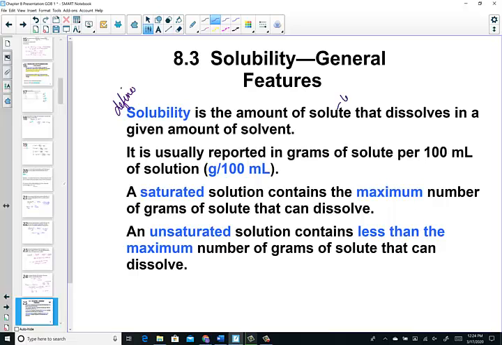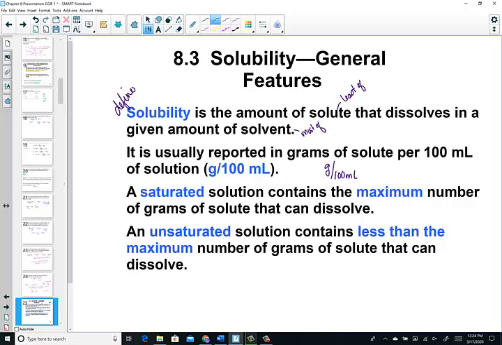Remember, the solute is what we have the least of, and the solvent is what you have the most of in a homogeneous solution. We typically report solubility in terms of grams of solute per 100 mL of solution.